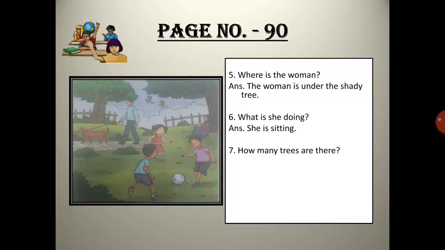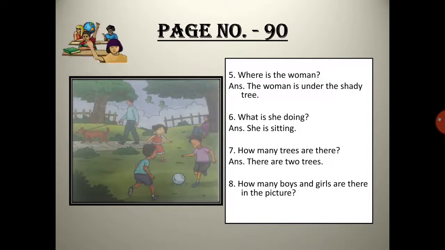Now question number 7. How many trees are there? Count the number of trees. 1, 2. So total 2 trees are there. So the answer will be there are 2 trees. Now the last question. How many boys and girls are there in the picture?